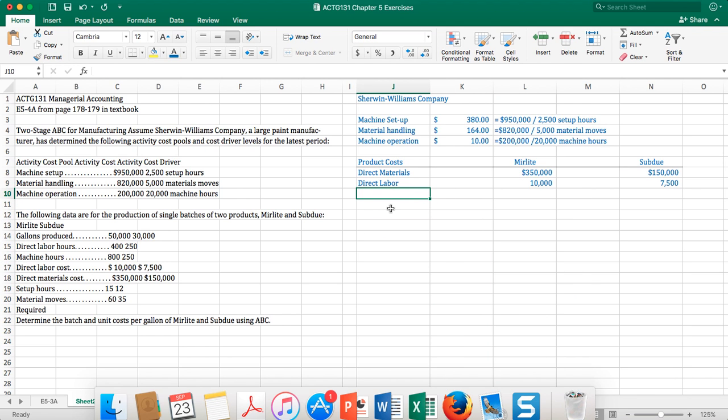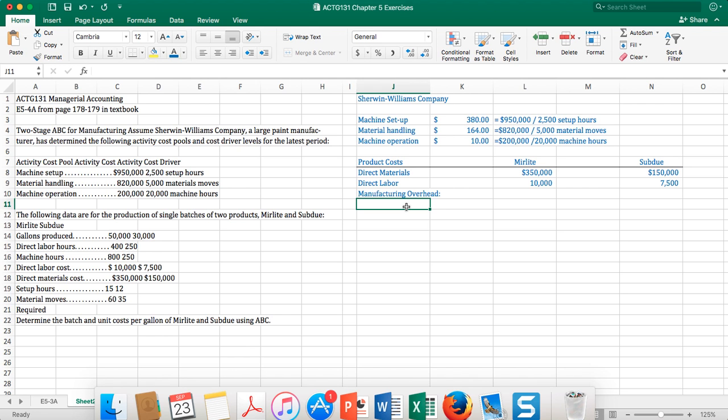There we go. So we know there's direct materials and direct labor. In addition, there is manufacturing overhead. So there are those three items, machine setup, material handling, and machine operation, that make up our manufacturing overhead.